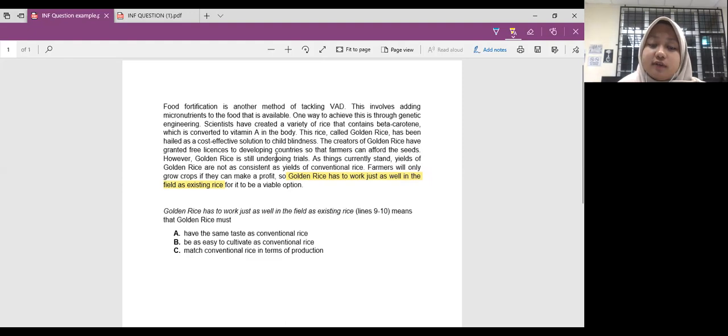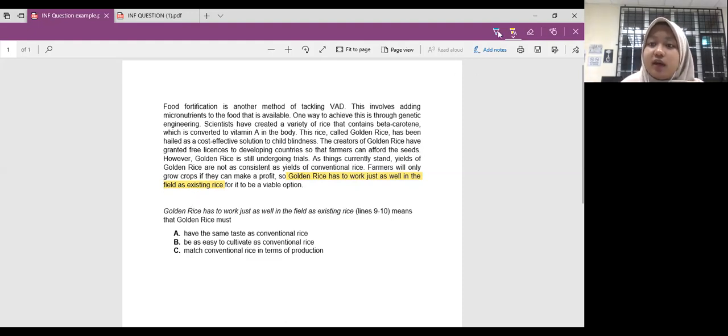However, the golden rice is still undergoing trials. As things currently stand, yields of golden rice are not as consistent as yields of conventional rice. Farmers will only grow crops if they can make a profit. So golden rice has to work just as well in the field as existing rice for it to be a viable option. Once you read and understand the whole paragraph, you have to search for the clues.